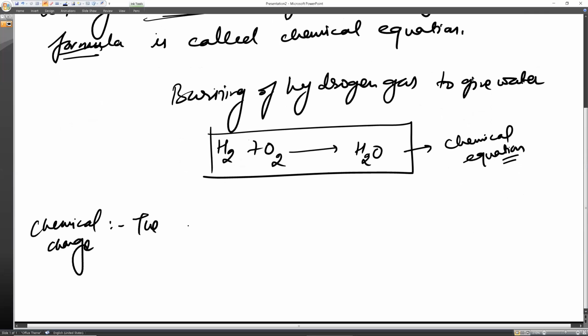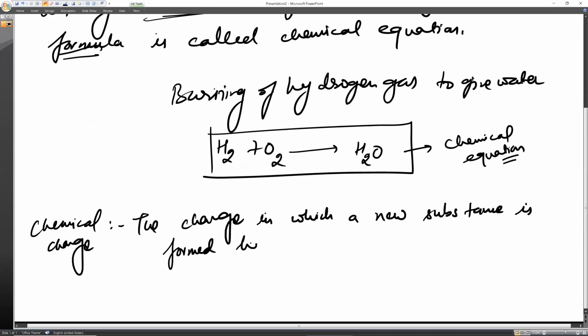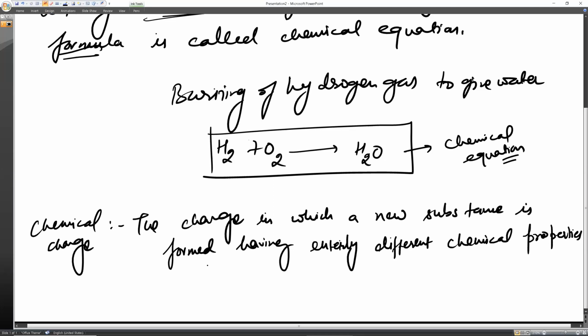Note it down. The change in which a new substance is formed, having entirely different chemical properties from its constituents.